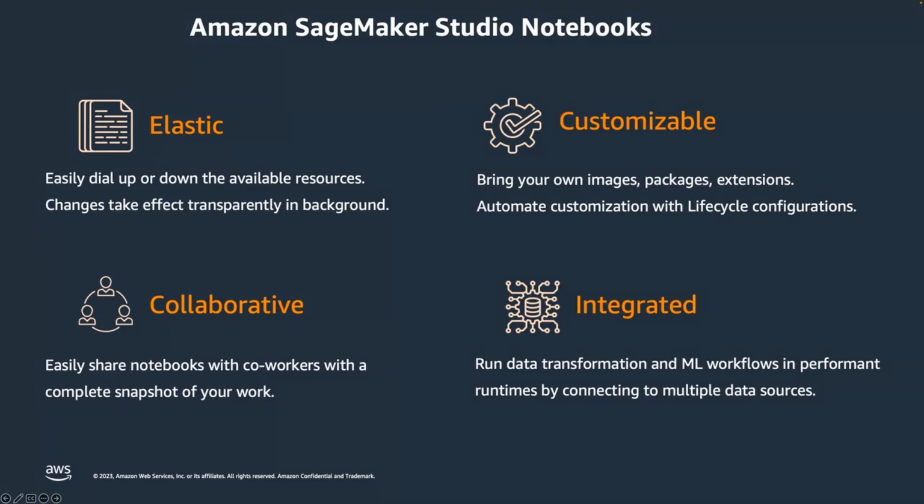You can also automate customization with notebook lifecycle configurations. These are shell scripts triggered by Studio lifecycle events, such as starting a new Studio notebook. With that script, you can install custom packages, configure notebook extensions, set up source code repositories, shut down idle resources, and save costs.